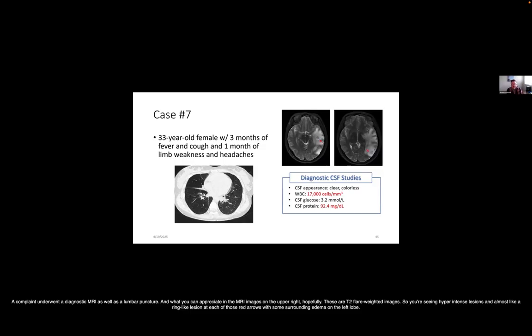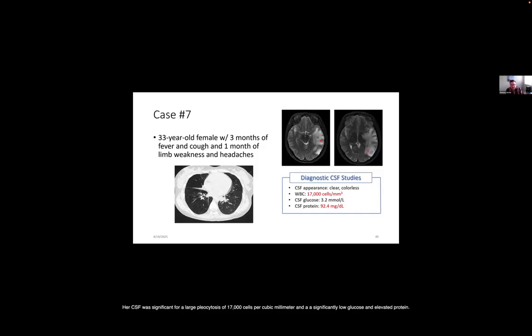You can appreciate in the MRI images on the upper right, these are T2 FLAIR weighted images, so you're seeing hyperintense lesions and almost like a ring-like lesion at each of those red arrows, with some surrounding edema in the left lobe. Her CSF was significant for a large pleocytosis of 17,000 cells per cubic millimeter, and a significantly low glucose and elevated protein.